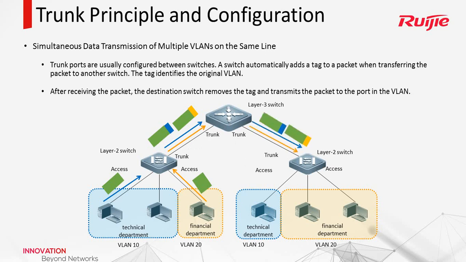We can find that this transit switch just forwarded them to the access switch without changing anything. Then this access switch receives this data with the VLAN ID. It will remove this tag and forward it to the PCs. This is because normally the terminal device cannot recognize the VLAN tag.